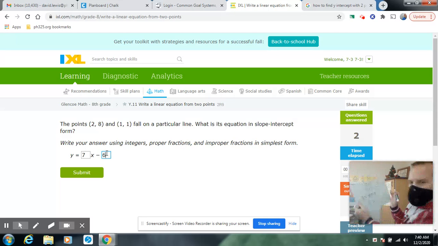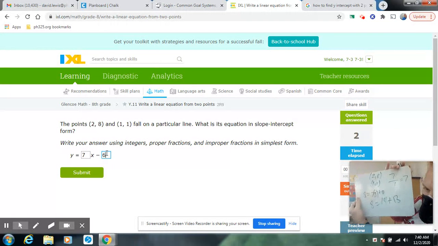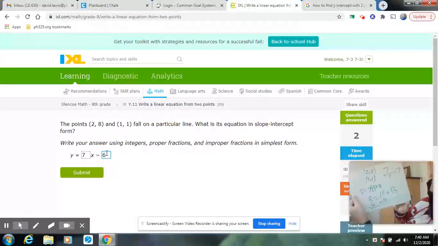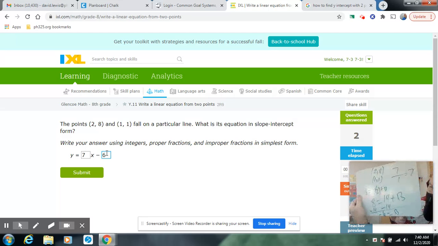So then 8 equals 14 plus b. Subtract 14, and lo and behold, 8 minus 14 is negative 6 equals b. Again, you can see I can use either point to plug it in.